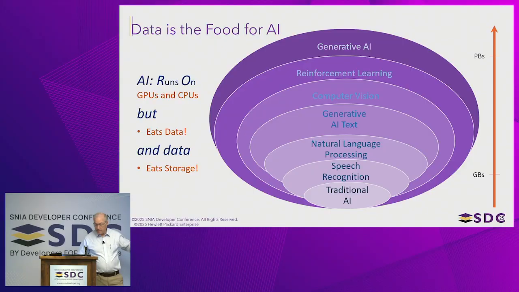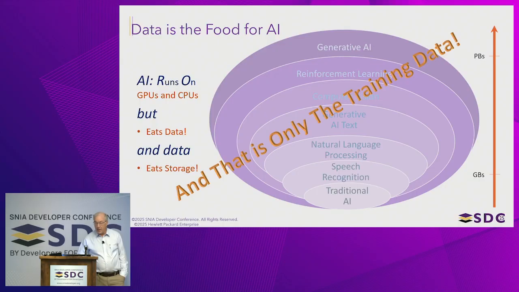Here's an example of some of the types of AI through the years, where we started out with some of the traditional AI pieces, neural networks 30 years ago, using a few megabytes to a few gigabytes of data, all the way up to, we're talking 60, 80 petabytes of data these days for some of our generative AI processes. And what we don't stop and think about all the time is that is only the training data that we're talking about there.